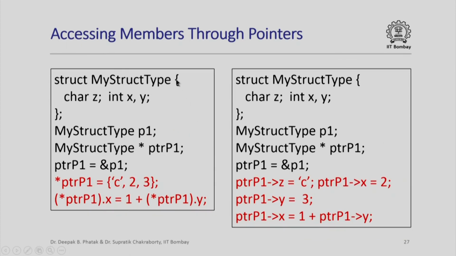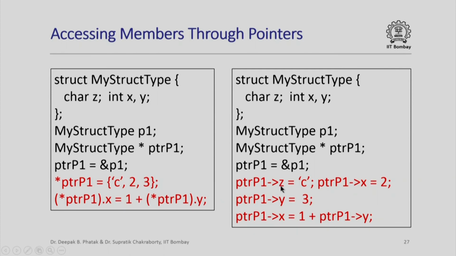So here is our original program in which I had initialized star pointer P1 to C23 and then added 1 to star pointer P1.y and used it to update star pointer P1.x. Here is a completely equivalent program where I have initialized the members Z, X and Y of P1 by using the arrow operator. So pointer P1 is assigned the address of P1, and then I can use the arrow operator in this manner.